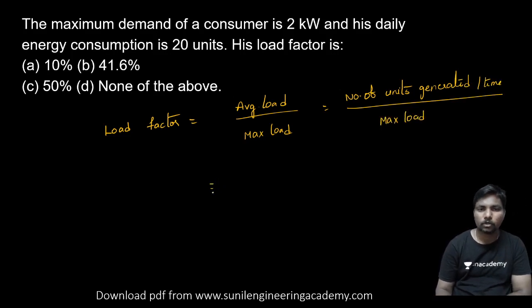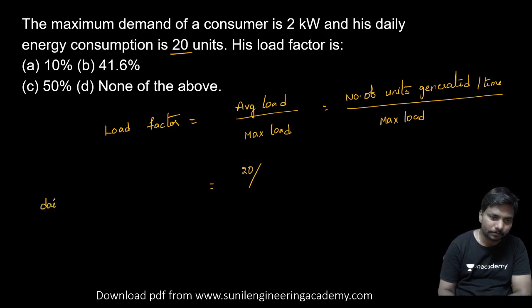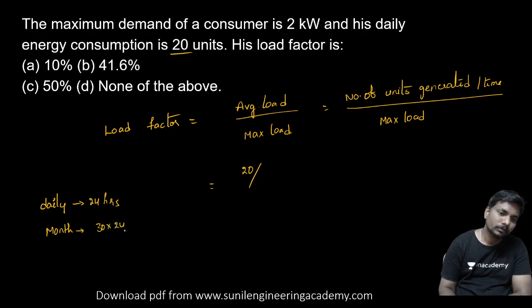Okay. So how many units generated or how many units consumed? 20 units by specified time. If they have given daily, you can take 24 hours. If they have monthly, 30 into 24, yearly, 365 days into 24 hours.